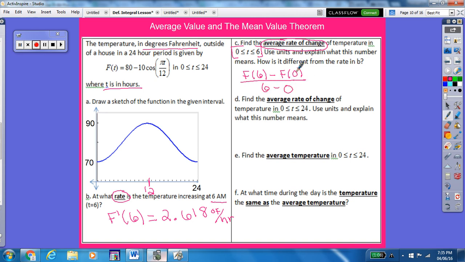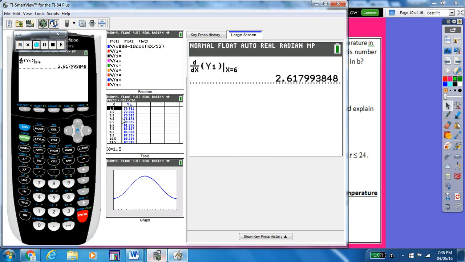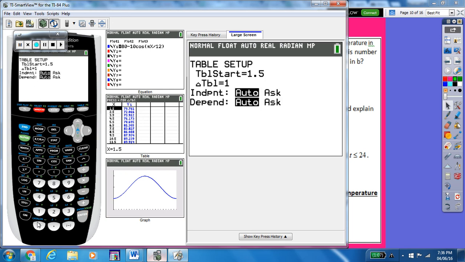I already know the temperature at 0, but in case you didn't and you wanted to use your graphing calculator to give you that information, especially at 6, here's my table. You can access your table by second table set, and I'm going to tell it to start at 0, increasing by units of 1, and that will take me to my table.